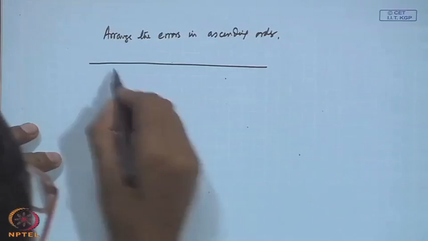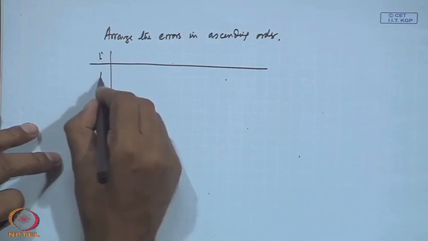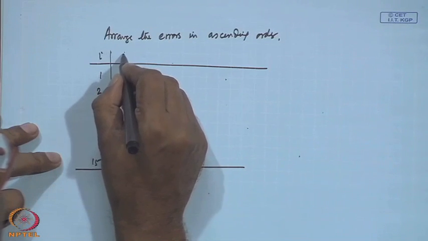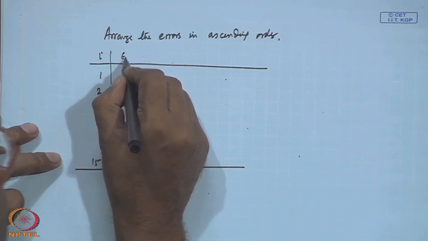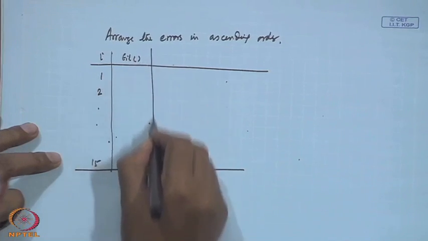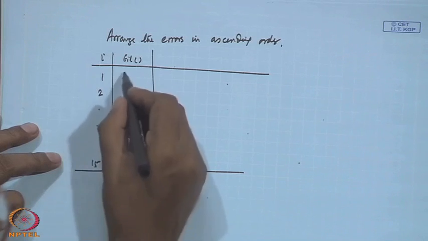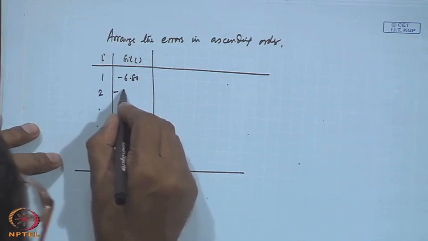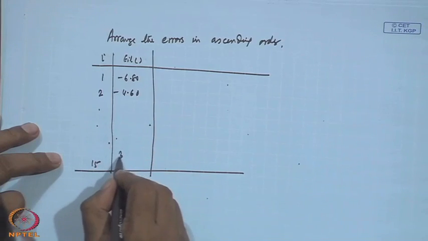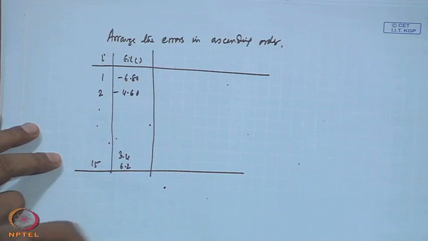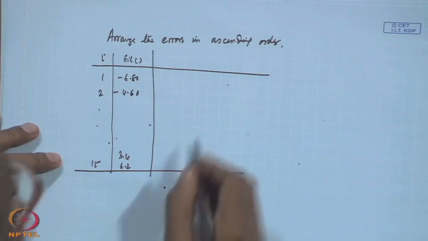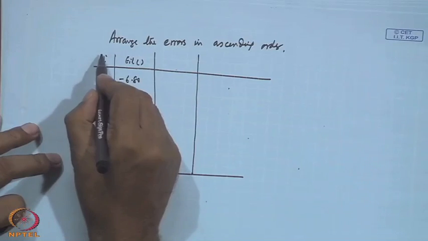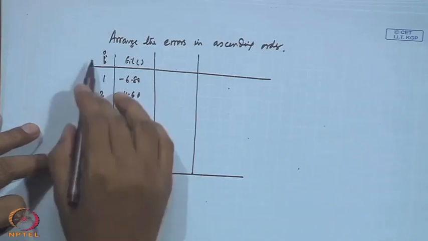Suppose in this case you have 15 data points, and then your errors are coming something like this, e_il, but you are arranging them in ascending order. So you will be getting some values. When you arrange them here, you will get minus 6.80, minus 4.60, like this, 3.4, 6.2, like this. Then what you require to do is find the empirical probability value using i.